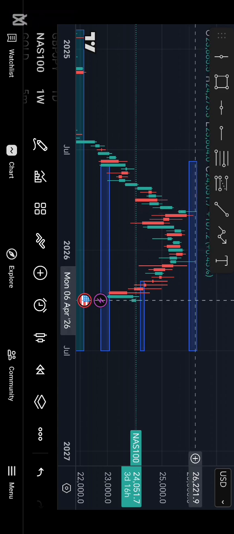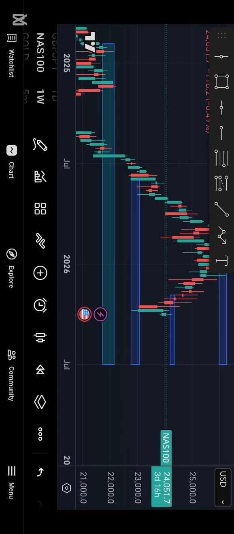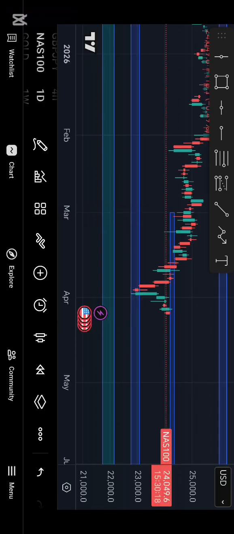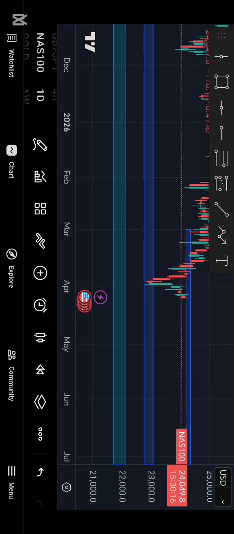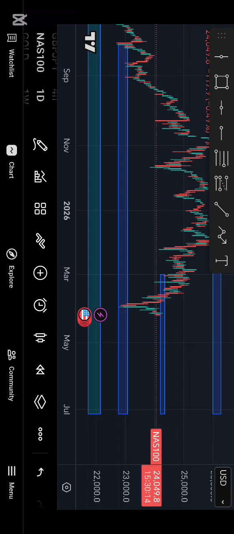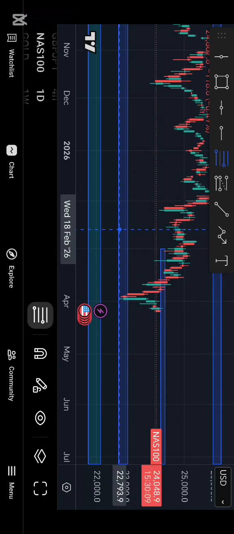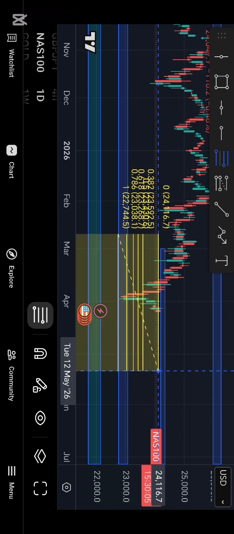So what I'll do is I'll put the Fibonacci retracement on the daily, from the weekly's low, and we'll identify the 78.6 zone of the low to the recent high.